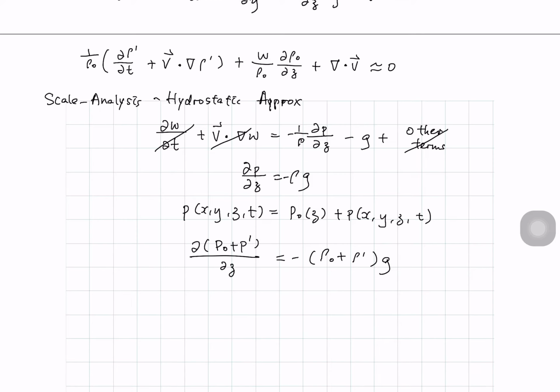For scale analysis, we have already proved that this P naught should be in hydrostatic balance with this rho naught. Another thing we need to prove is that this P prime is in hydrostatic balance with the rho prime. If you want to introduce this rho prime, you need to take care of the P prime too.